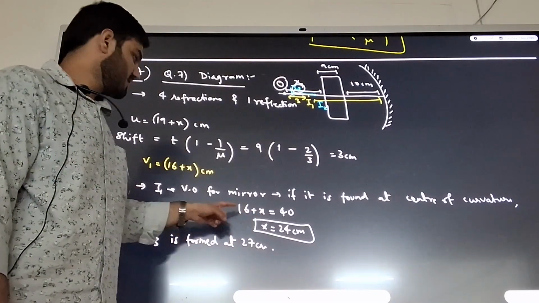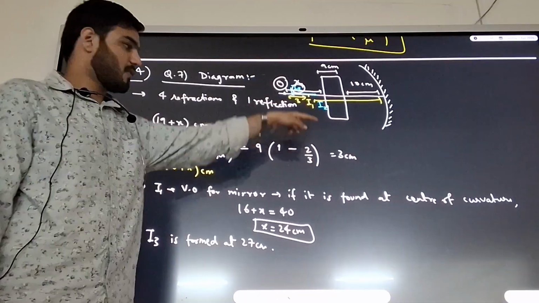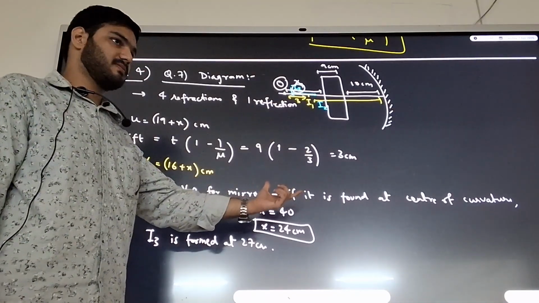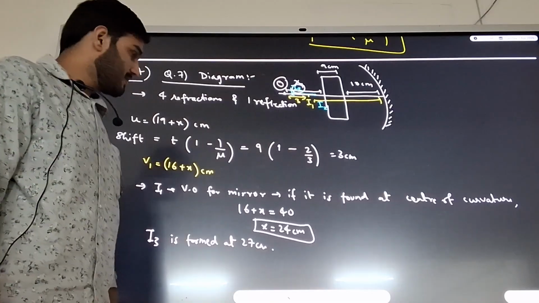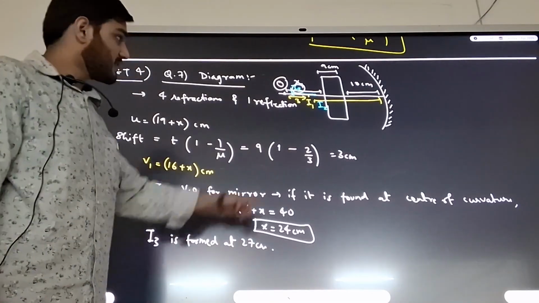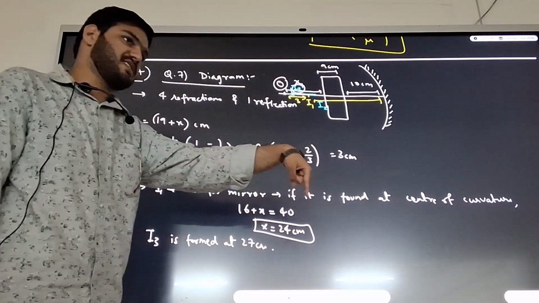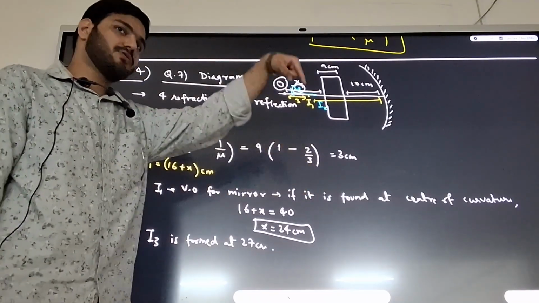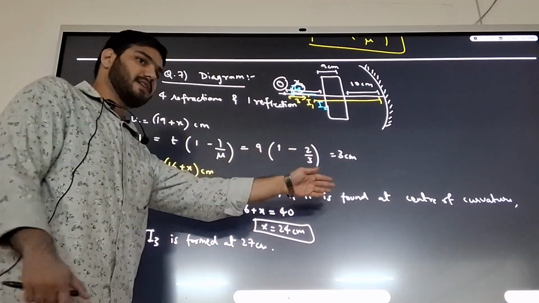I'm assuming that this I1 is formed at center of curvature. I don't know whether it's correct or not, but I am assuming that will act like a virtual object. That virtual object is placed at center of curvature. So my virtual image is also formed at center of curvature, and that will be shifted now.